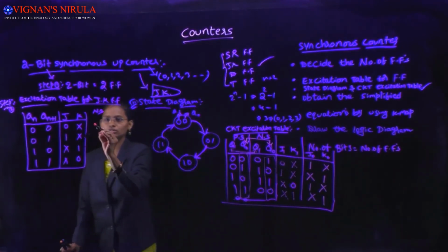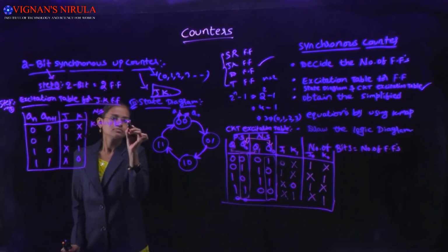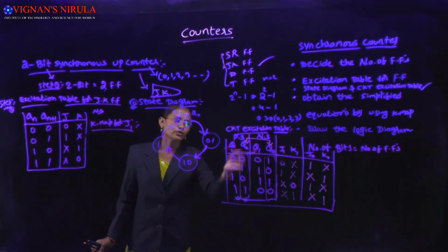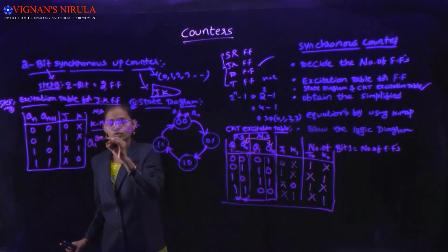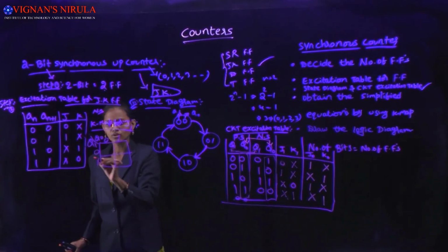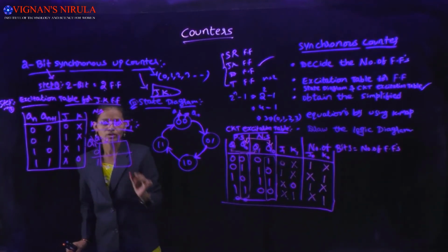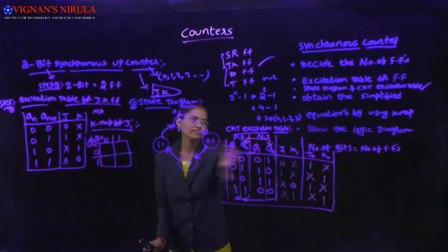First we find the K-map for J1. Here we are using 2 inputs, that is Q1 Q0. So we draw the 4 cell K-map. This is 0 1 0 1. Okay, here is the K-map structure for J1.